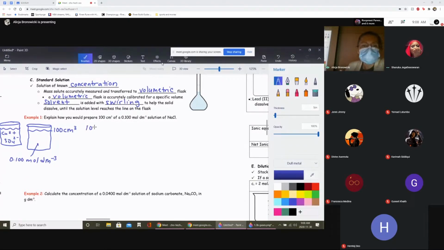So I have 100 cubic centimeters. Do you remember how to go from cubic centimeters to DM3? Divide by 1,000. I can just take my decimal place and I can move it 1, 2, 3. Okay, so this is how much of the solution I want.